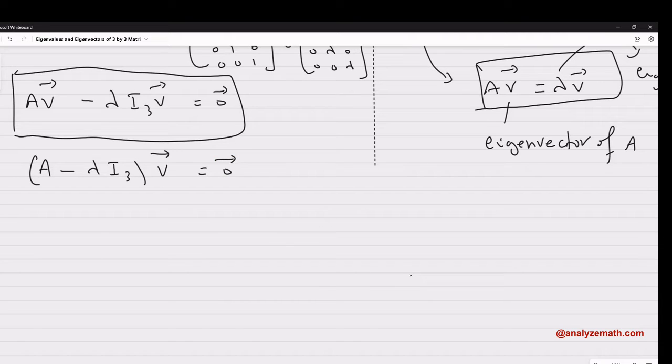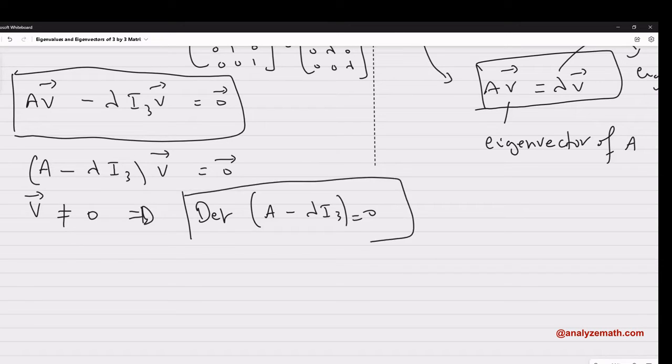We want V not equal to 0, and the only possibility is when the determinant of A minus lambda I3 is equal to 0. If this condition is satisfied, it is possible to find solutions V not equal to 0.